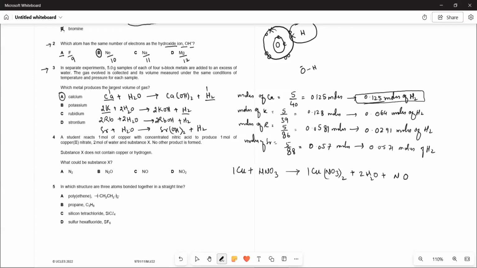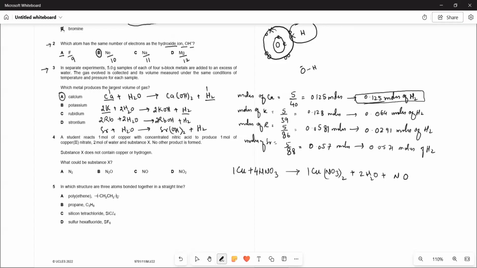So to balance it, let's make it 4 hydrogen, right? So by balancing this, we have 4 hydrogen atoms. So now what about nitrogens? There are 2 here, and I have written 1 here, right? And what about oxygen?